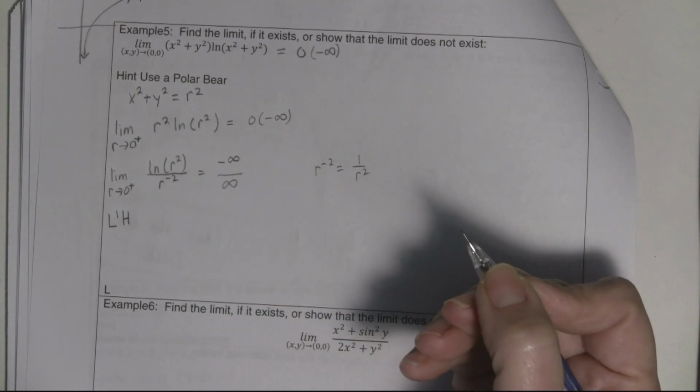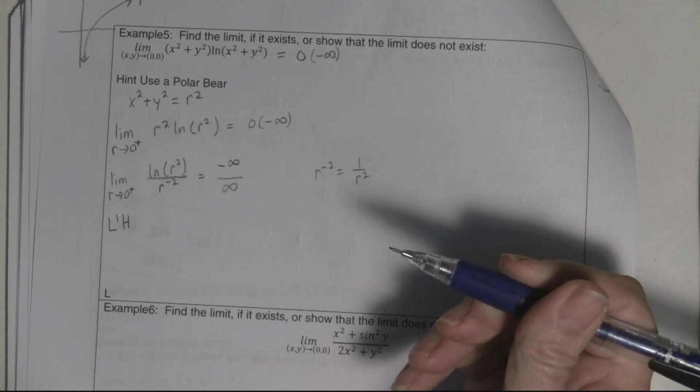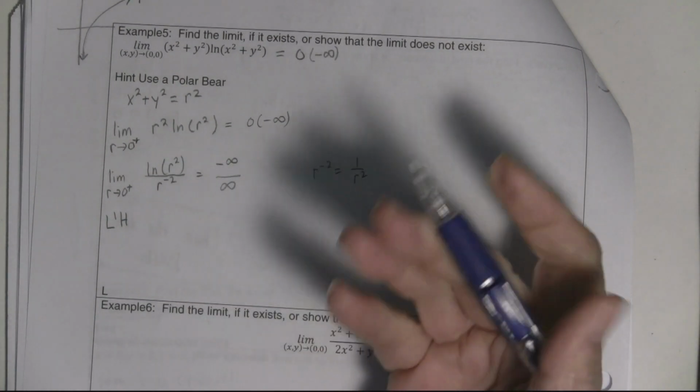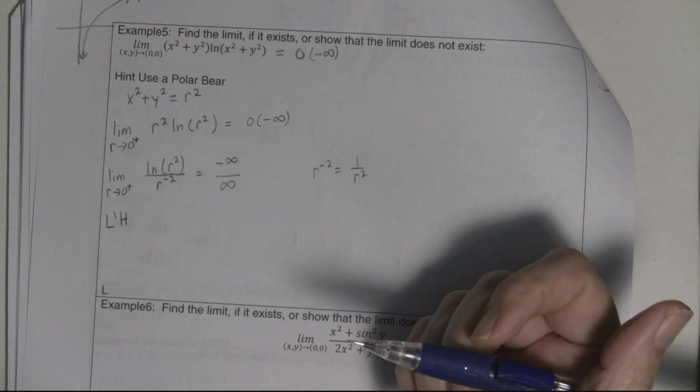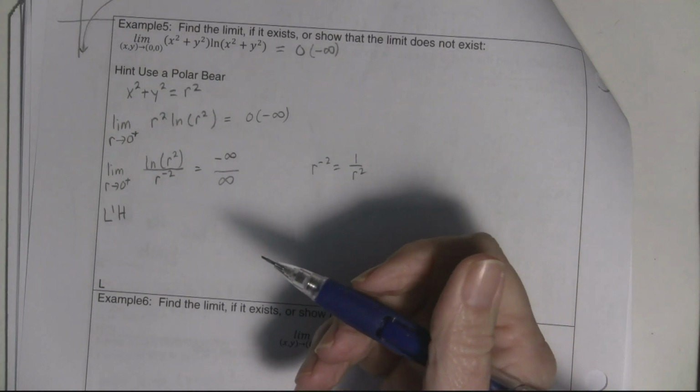And so is that Calc 2? We didn't do L'Hopital's rule in Calc 1. And I abbreviate L'Hopital's rule LH. That's because I'm not a very good speller, and that's quick and easy to do.